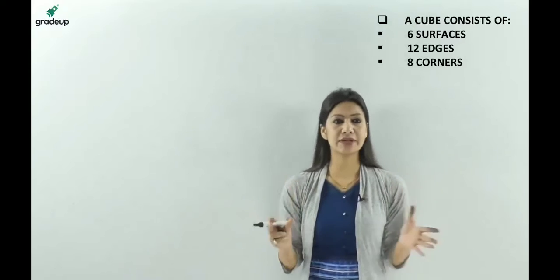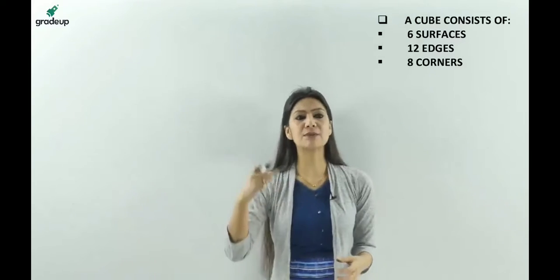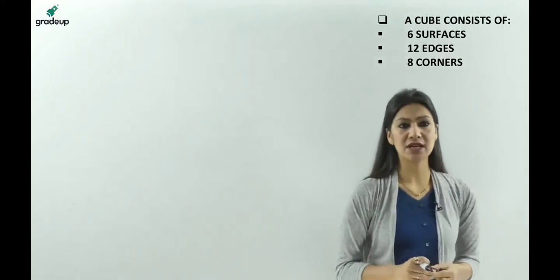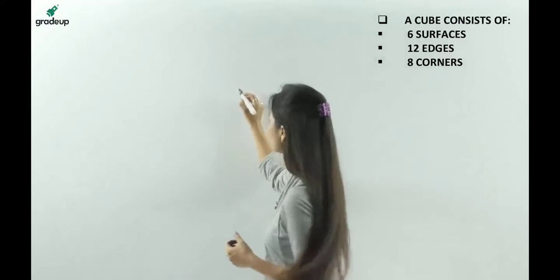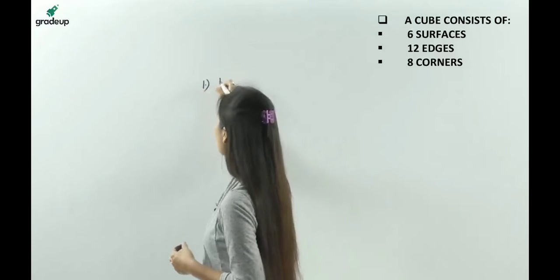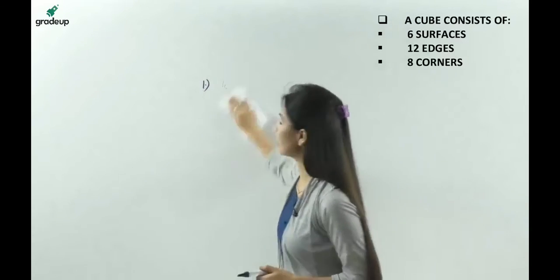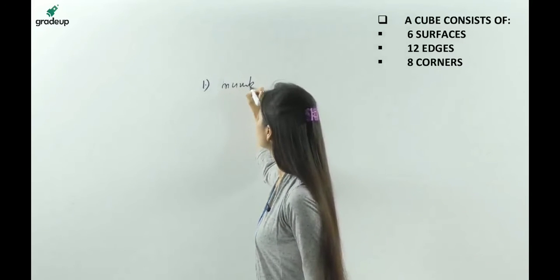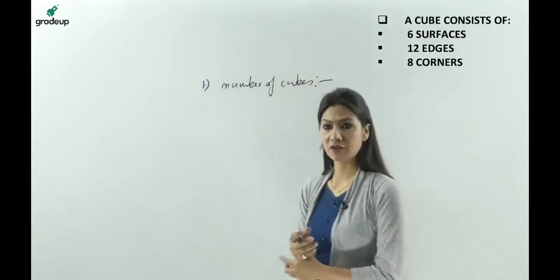So the question, student, is: when we are converting an original cube into a smaller number of cubes, we have multiple questions in our mind. The first thing, whenever you are converting one cube, is how many small cubes will there be, the number of cubes after converting into small ones.